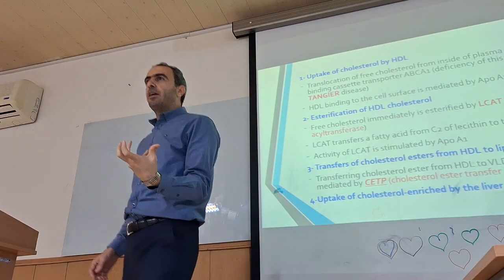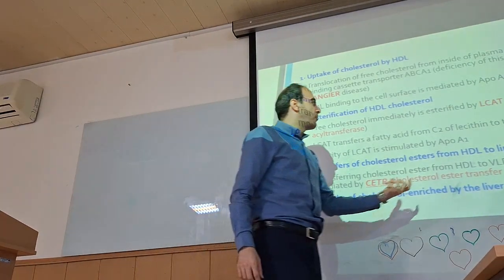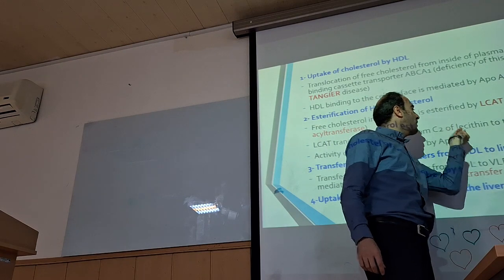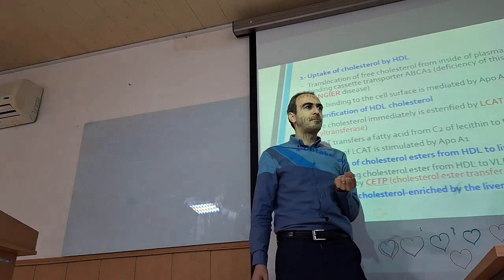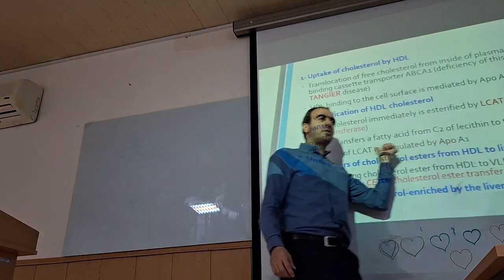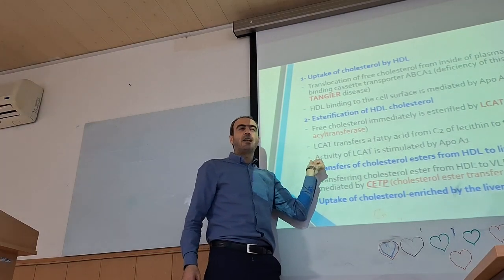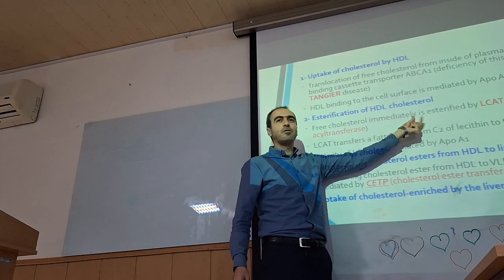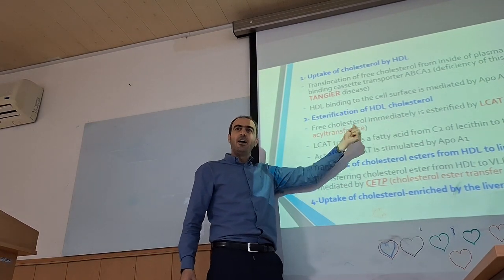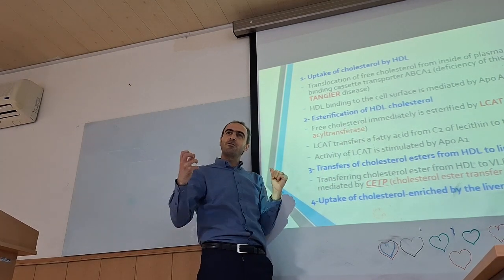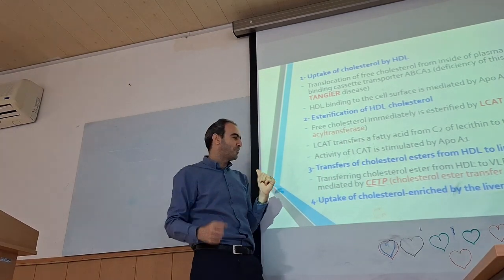This is the function of A1. For this reason, A1 is the main apoprotein in HDL, because A1 is important for activation of LCAT, and LCAT is important for esterification of cholesterol with fatty acid, and for receiving cholesterol from the extrahepatic tissue.